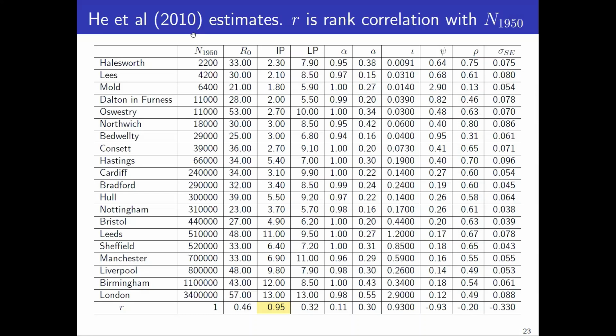But I've highlighted the one number that I want to focus on, which is the infectious period, which I've called IP along the top. The estimated infectious period is highly positively correlated with city size in these data.